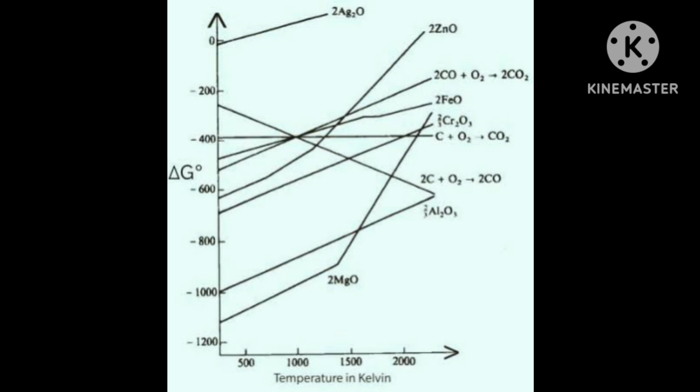Near the G you can write, in small letters, C comma CO. Likewise, CO converts to CO2 as CO plus half O2 gives CO2. That time you write delta G, CO comma CO2.